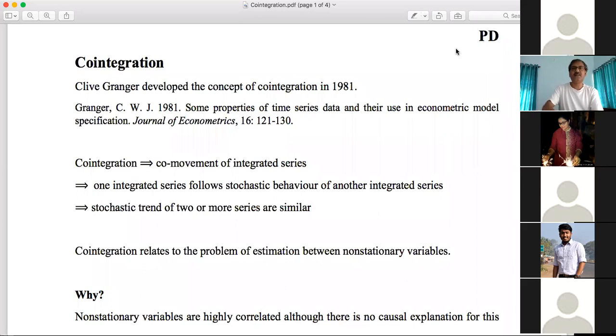When we are considering more than one time series, the basic problem is to find out the relationship between them. So how do we estimate a relationship? In finding the relationship between two or more variables, we are familiar with OLS, ordinary least squares, maximum likelihood estimates, or the method of moments. Whatever the method of estimation, we have the simple linear regression model for two variables, y and x.